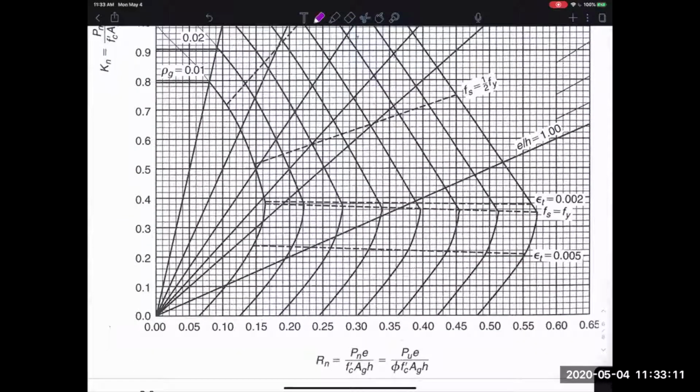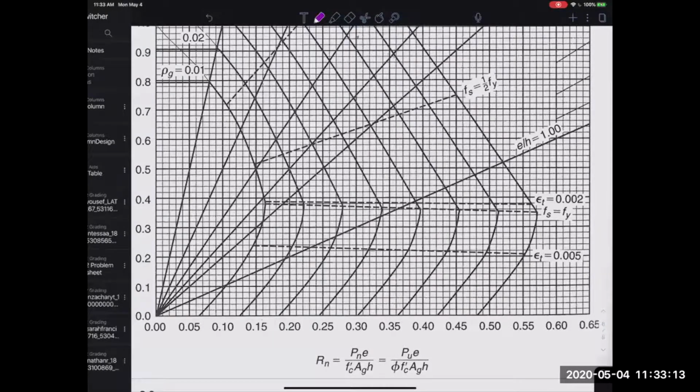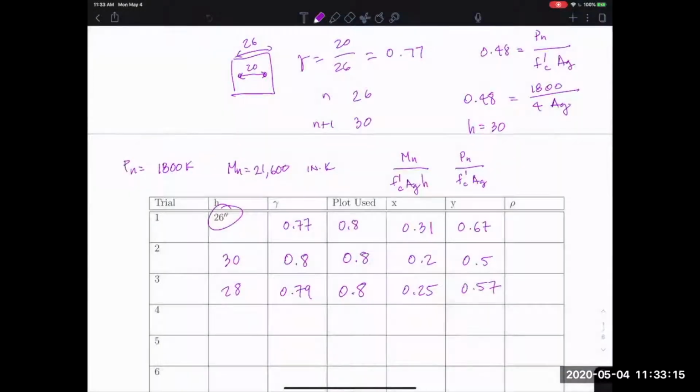So let me go back to what we did earlier. Everything up to here is good. It's just I looked on the wrong graph and got the wrong rows. Okay, so in that first iteration, we tried 0.31 and 0.67 for X and Y. So let's look at the percentage of steel using the correct graph, 0.31, 0.67.